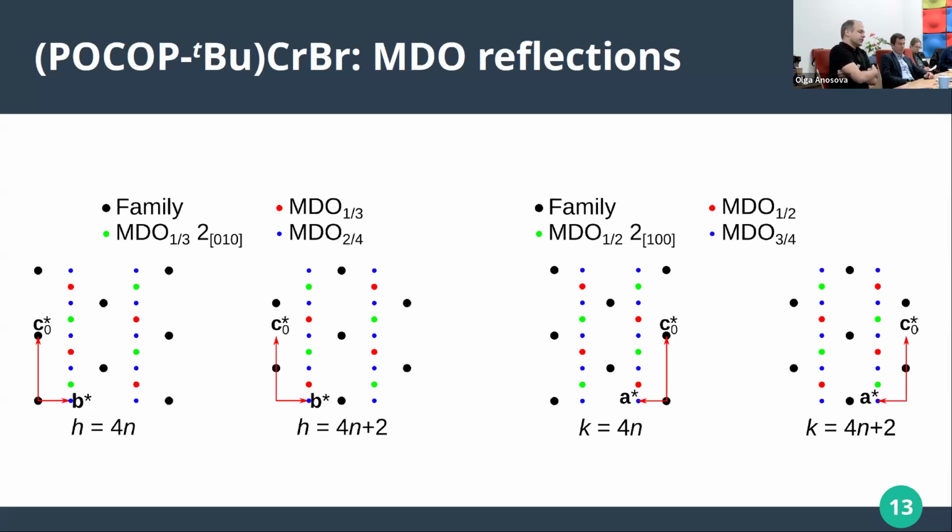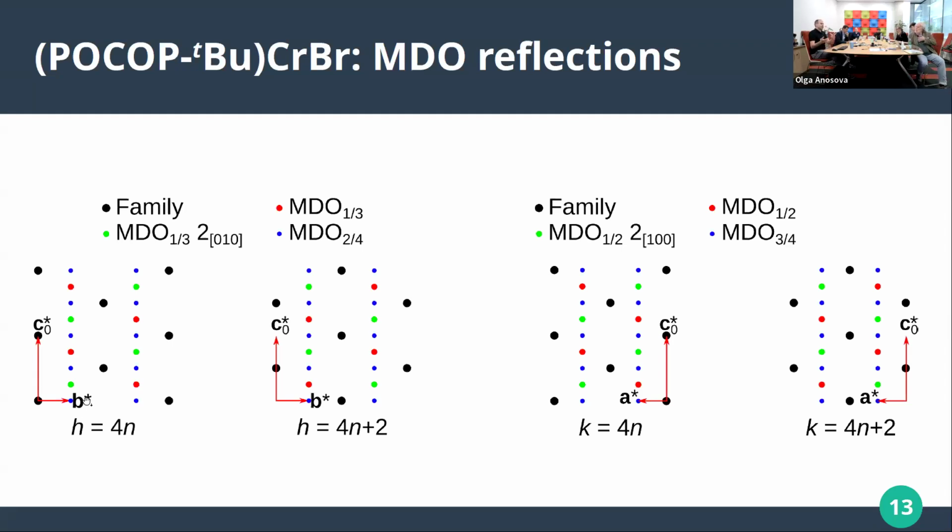And that's also important why you look at these MDO polytypes, because then you know the lattice, and then the reciprocal lattice where you expect the reflections.